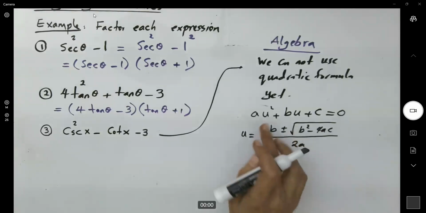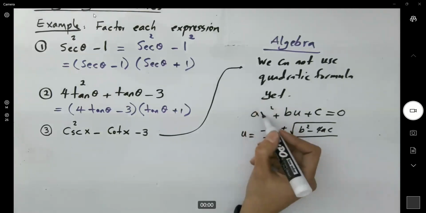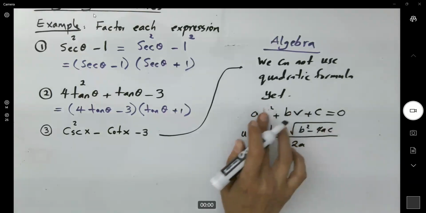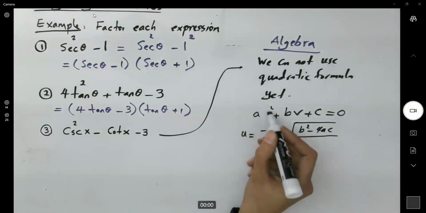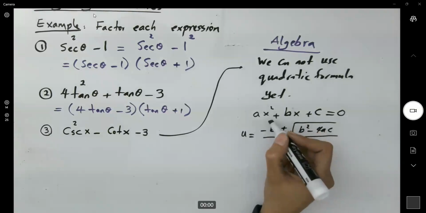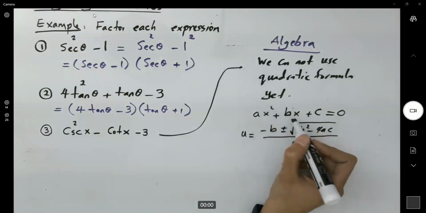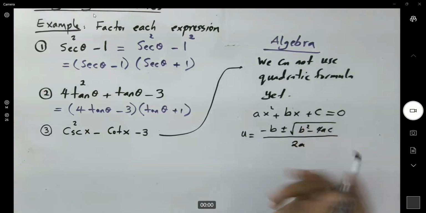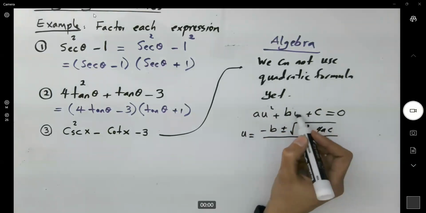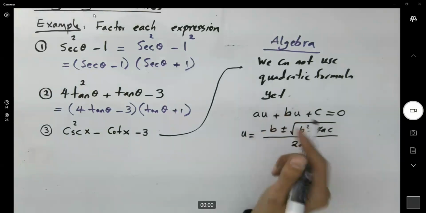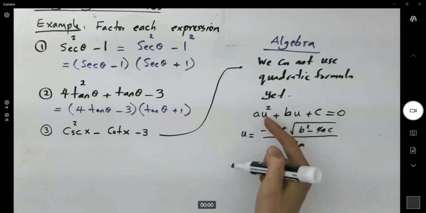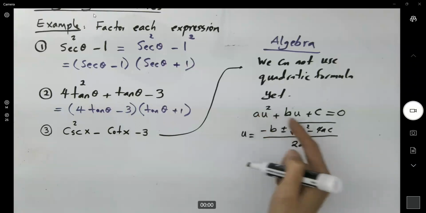U is your variable. You can replace it with theta or any variable, but you must have the exact same variable here. If you're using x squared here, you need to use x to the first power here. You cannot have u and then v.